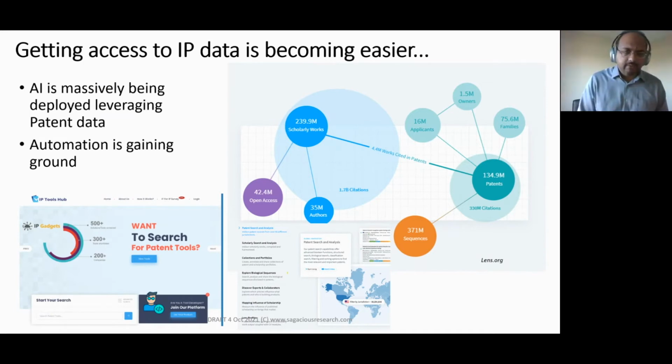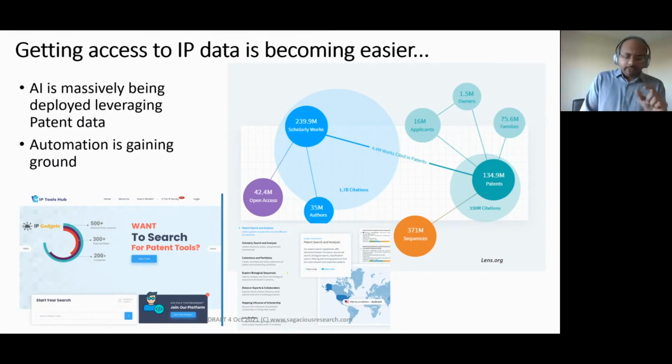At Sagacious, we have created an initiative called IP Tools Hub. If you go to iptoolshub.com, you could search and find tools that are available for patent research. There is a whole set of tools available across the patent lifecycle, but you could just look at research tools here and identify them.